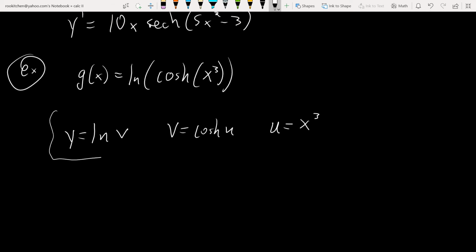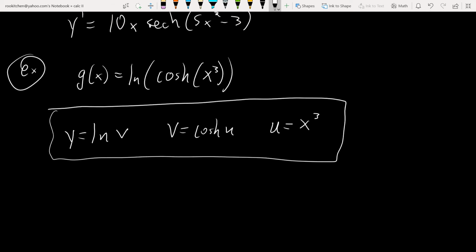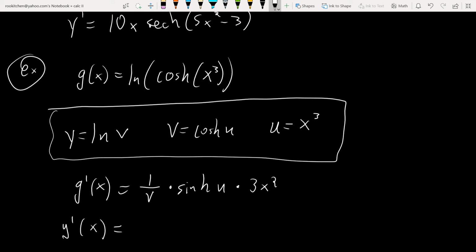Okay. So to get the derivative, what you're going to do is just basically take the derivative of the parts and multiply them together. So the derivative g prime of x is the derivative of y. So that'll be 1 over v times the derivative of cosh, which is sinh u, times the derivative of u, which is x cubed, right? So 3x squared. And then you have to put it back in terms of x. So g prime of x, one thing at a time. v is cosh u, sinh u, 3x squared.